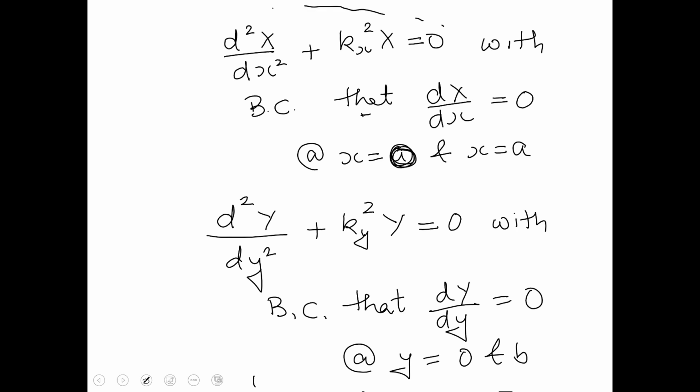Again, the form hasn't changed at all with respect to the TM wave. This is exactly the same form. It should have the same solution.